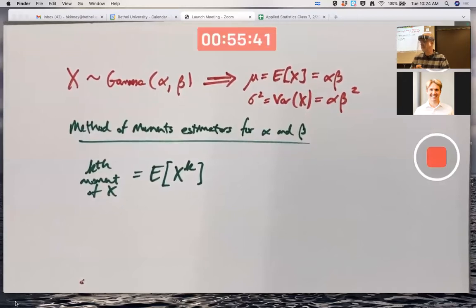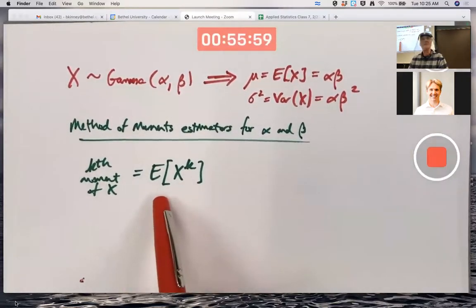Third moment is the expected value of x cubed, which you could use to describe skewness, it turns out. In general, this is the kth moment of x. It is a population parameter. This is an unknown population parameter.